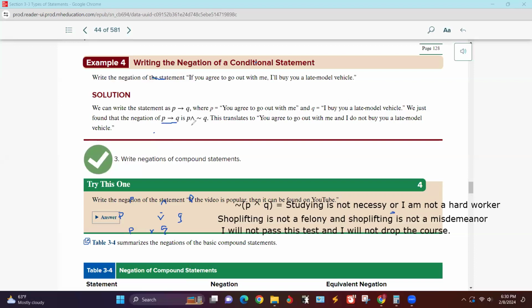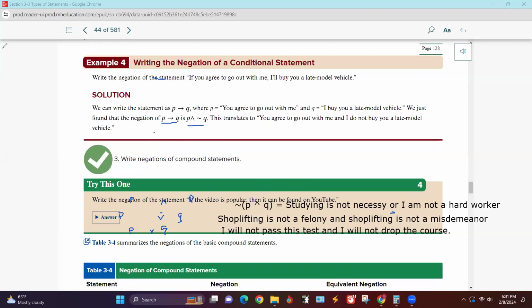So if P then Q has the negation of P and not Q. That's one of the, it's not the same as De Morgan's law, but it's found using De Morgan's law.